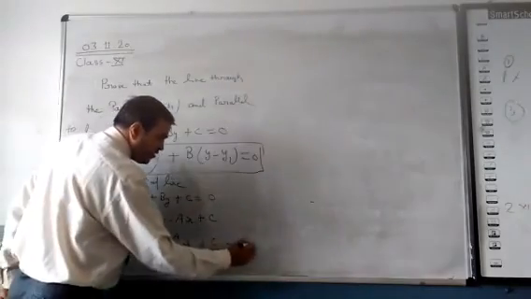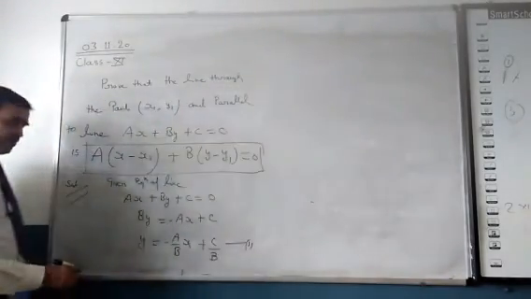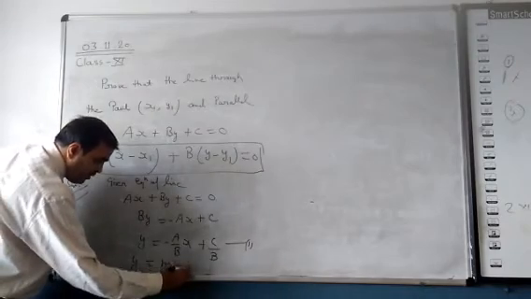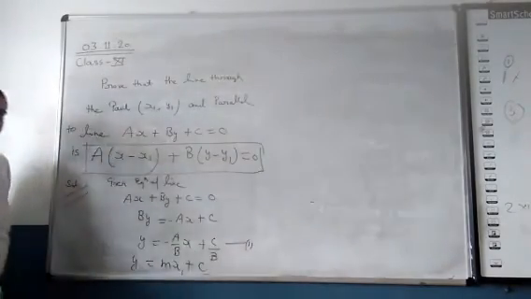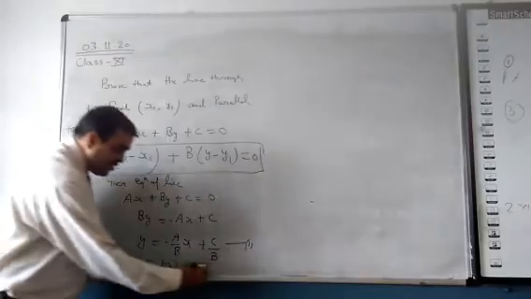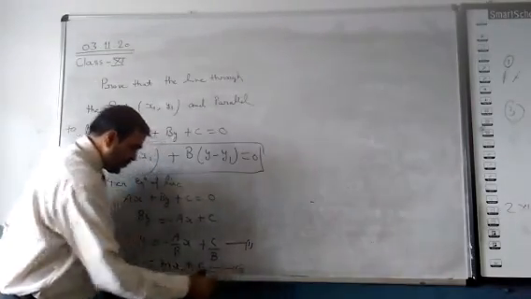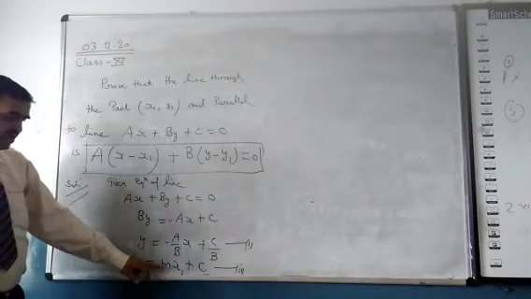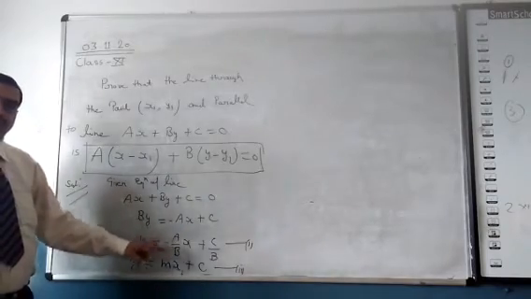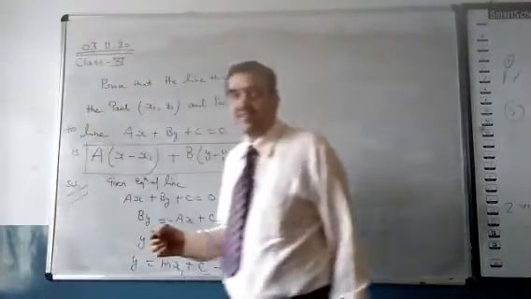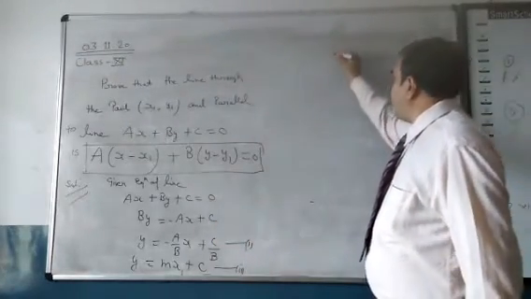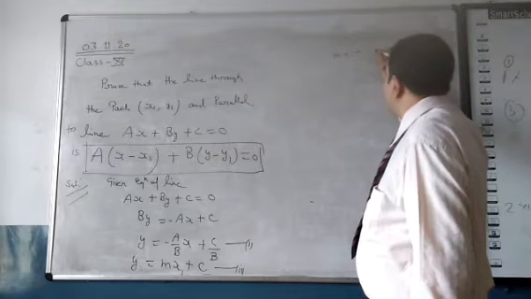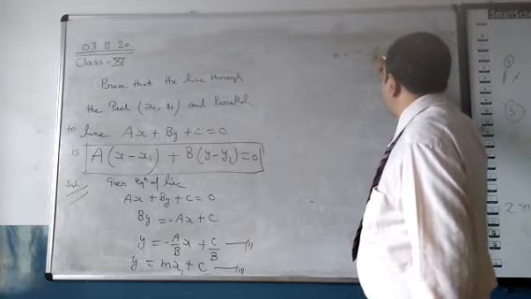Suppose this is equation number 1. We know that y equals mx plus c, equation number 2. Comparing both the equations, we have m equals minus a upon b. So m is equal to minus a upon b.